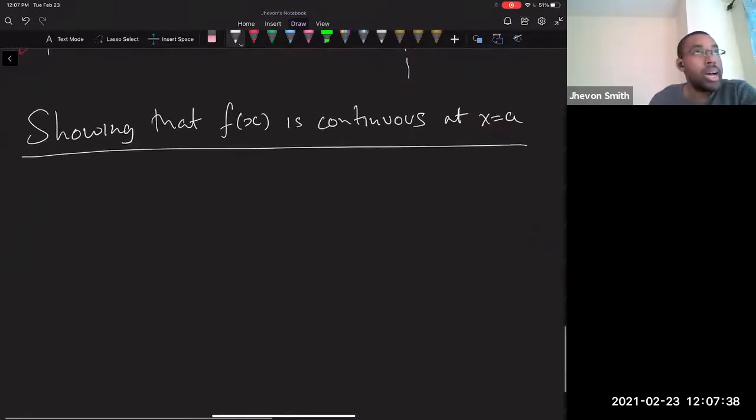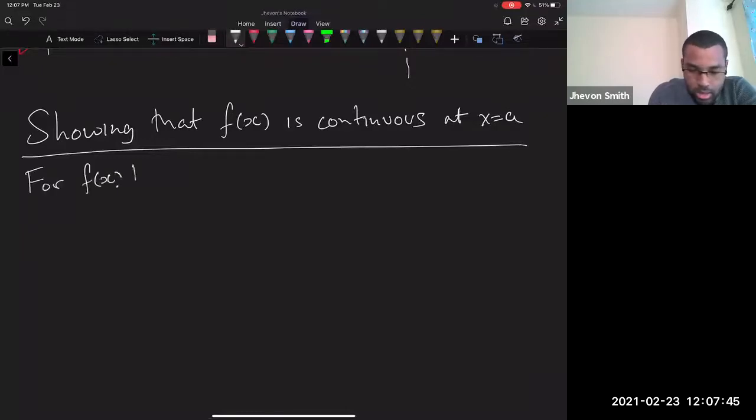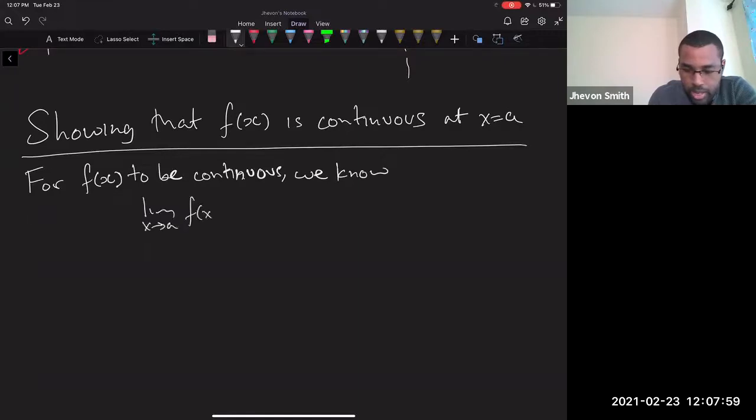Okay, so now for f of x to be continuous, we know we need that the limit as x approaches a of f of x equals f of a.